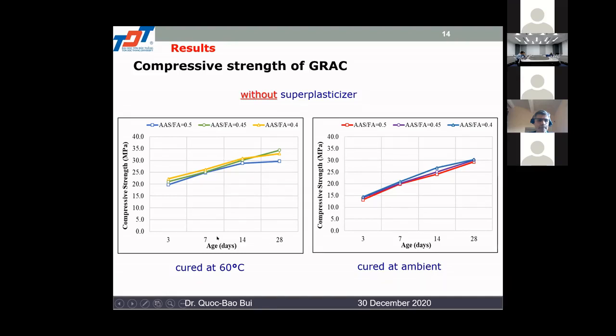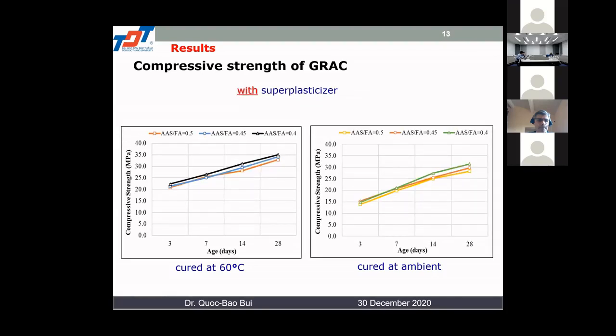But for the case cured at 60 degrees Celsius, the mean compressive strength is about 33, 34 megapascal at 28 days, and it is the same tendency, the same trend for the case with superplasticizer.